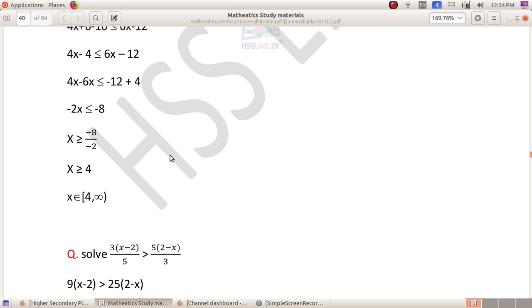So you have to draw a number line, its middle part 0, then 1, 2, 3, 4, 5, etc. Suppose this is 4, and 4 and above. You can shade from 4 onwards, 4, 5, 6, 7, and you can shade all the parts. That is x greater than or equal to 4. x belongs to 4 comma infinity.